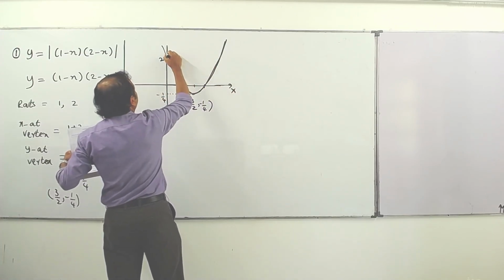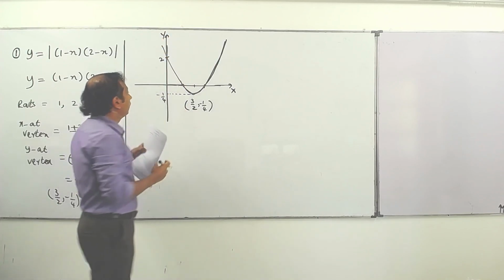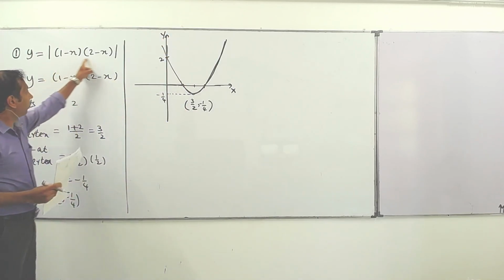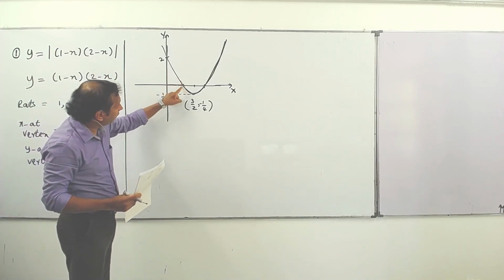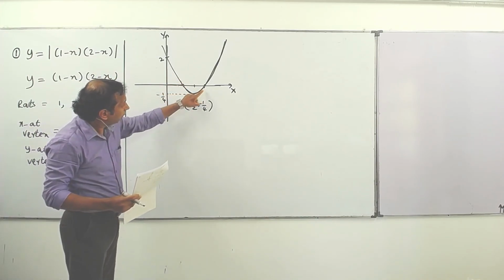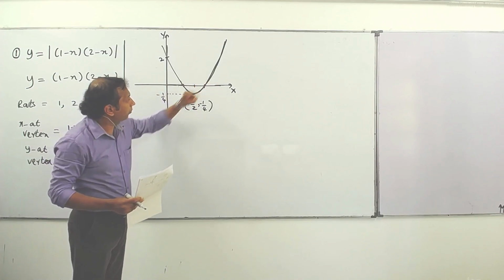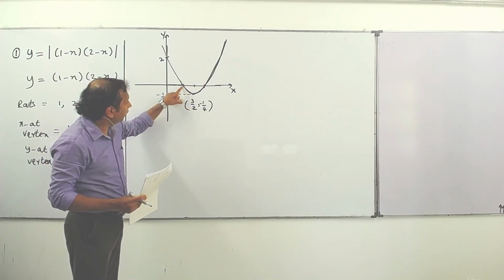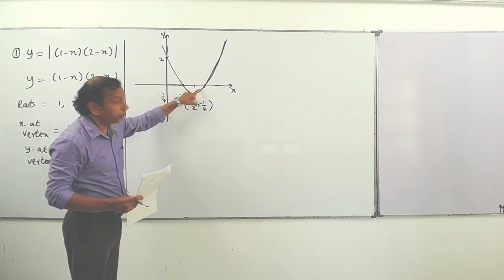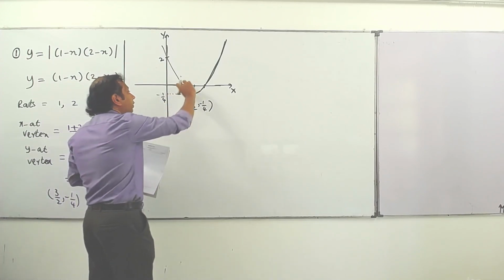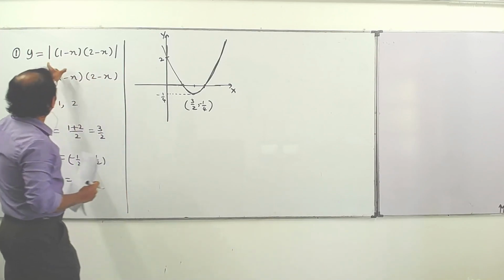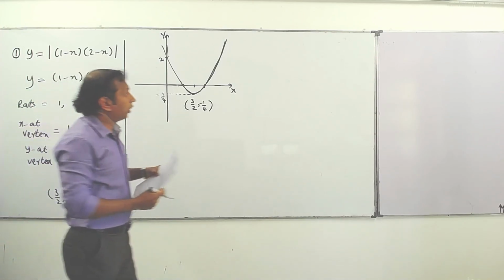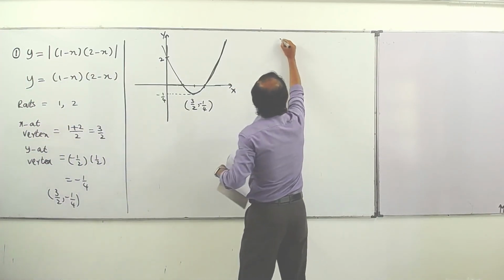In the modulus graph, what happens is, to get the modulus of this graph, the part that lies below the x-axis, that is this one, from here to this part, keeping these two parts the same, you have to take the mirror image of this part through the x-axis. Then that comes like this. That is the modulus graph. Okay, then I am going to draw that modulus graph here.